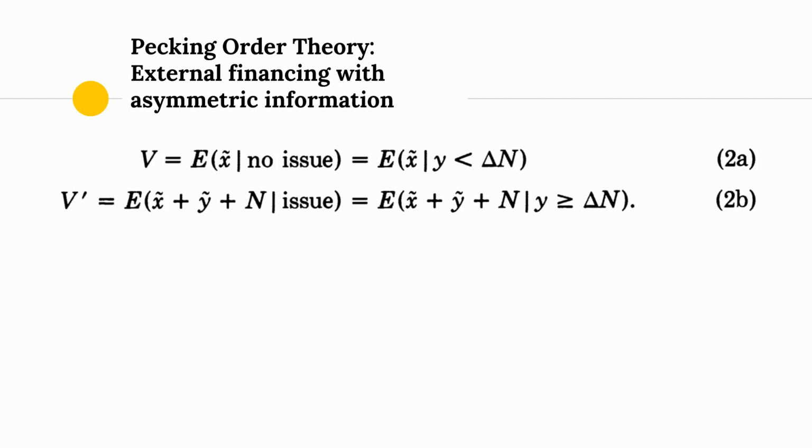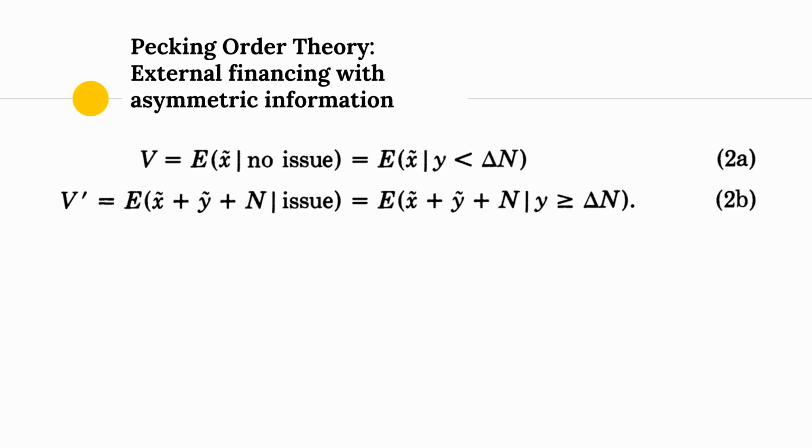And you can see how the value of a firm when it does not issue shares, the distribution x tilde conditional on no issue, is equal to the expectation of x tilde conditional on y less than delta N. The bottom you can read yourself, but this is quite intuitive. It makes a lot of sense.